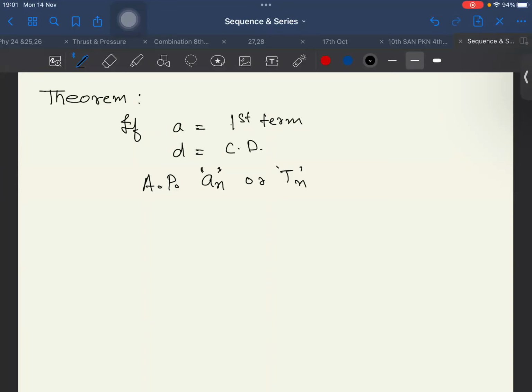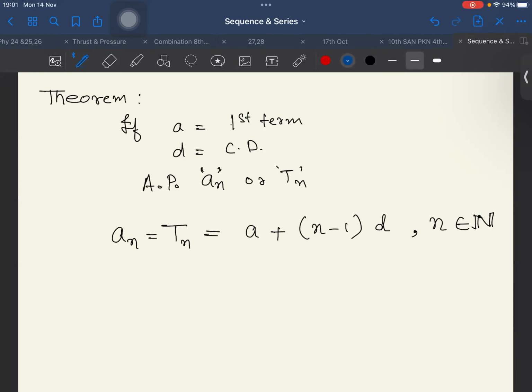You can use either, it's fine. Let's say Tn is equal to A, the first term, plus n minus 1 times the common difference, and n is always a natural number. Please mind this. Write this down. You can write Tn or An. This you can also call the last term. The last term you also find like this only, right? We'll talk about the last term a little later.